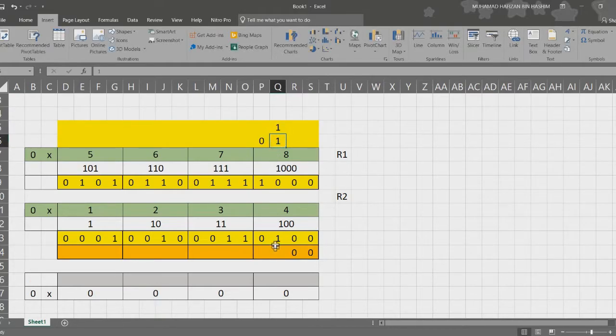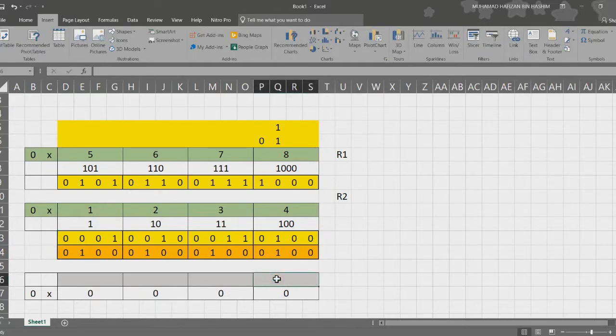So 1 minus 1 here we get 0, but we have another one, and this other one we put here as 1. So here 0 minus 0 becomes 0, 1 minus 1 becomes 0, 1 minus 1 becomes 0, 1 minus 0 becomes 1, and 0 minus 0 becomes 0. Continuing the same way for the remaining bits.